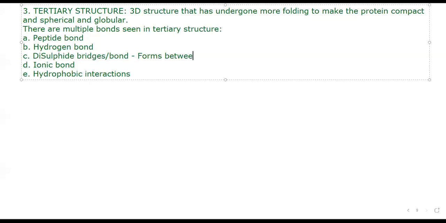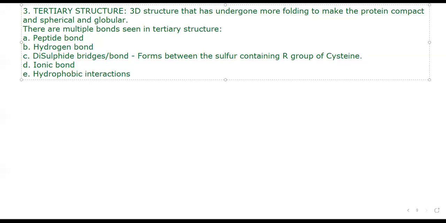It forms between the sulfur-containing R group of cysteine. The R group of cysteine has sulfur in it, so it forms between that, right?